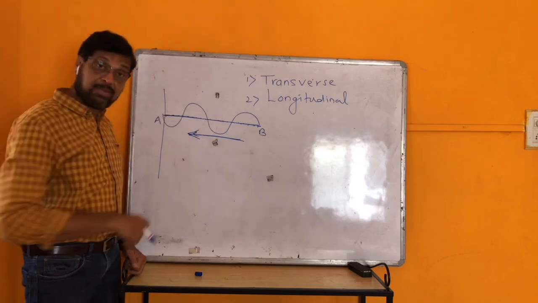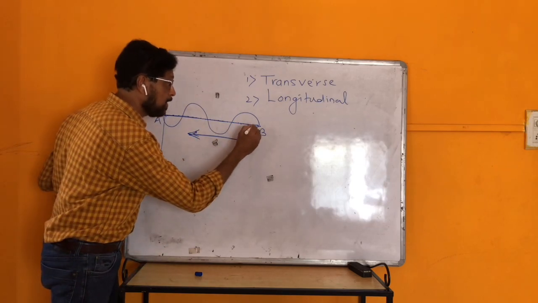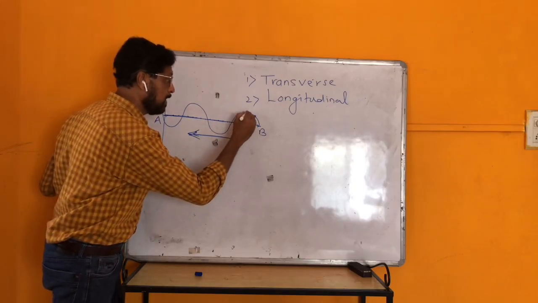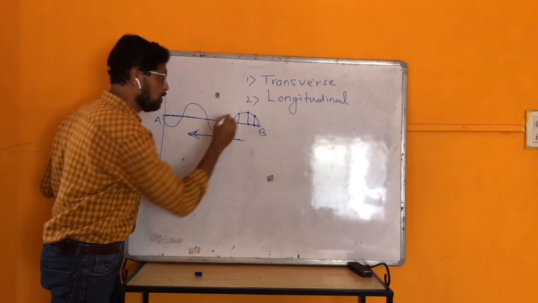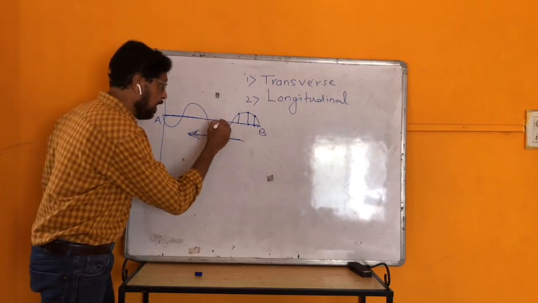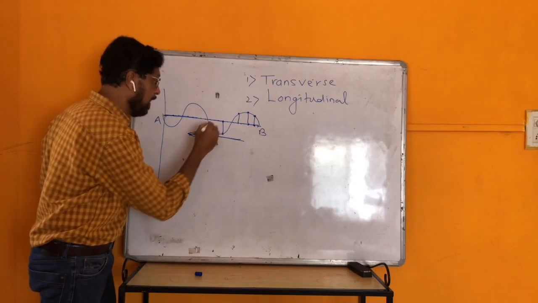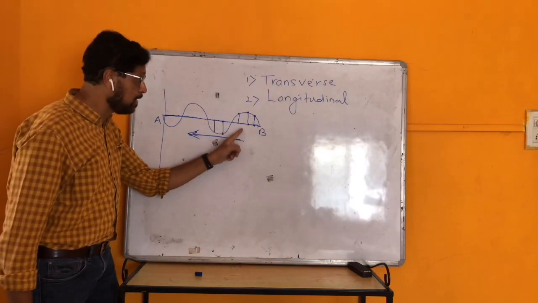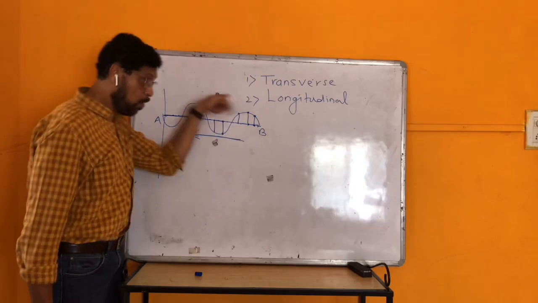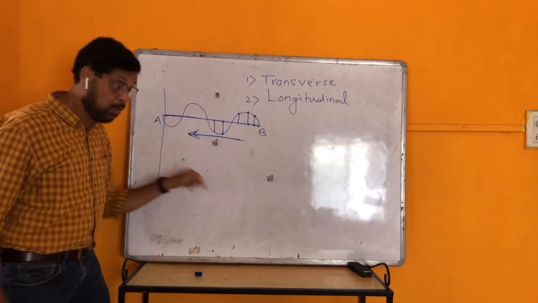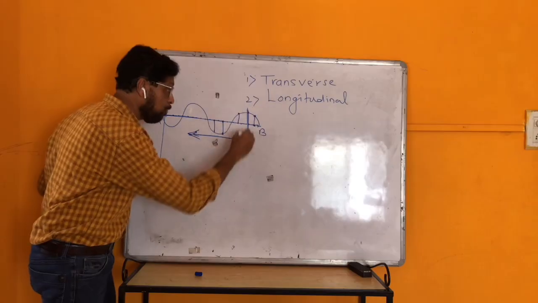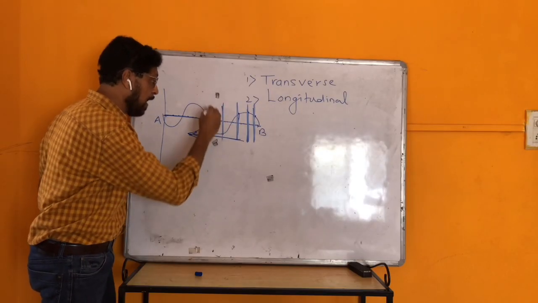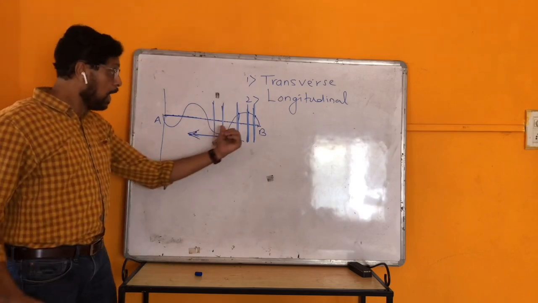Now when the disturbance started, this particle went up to here, this one came to here, means all the particles either moved up or moved down. So the particles are vibrating in this manner, in this direction. How are they vibrating?